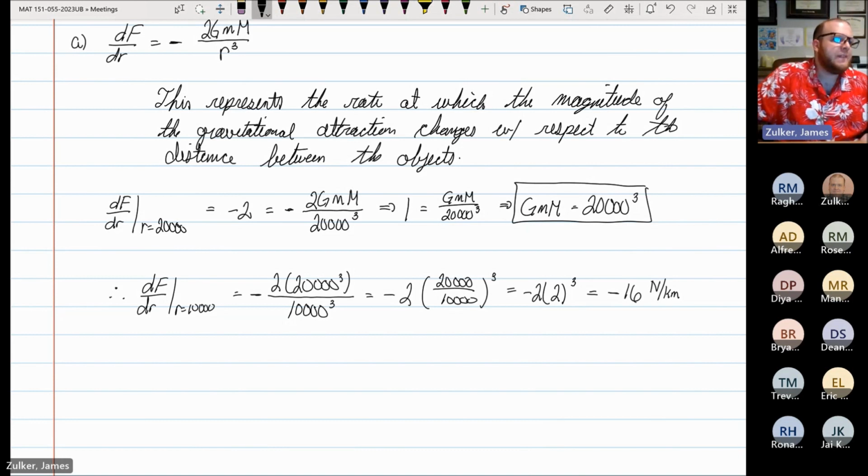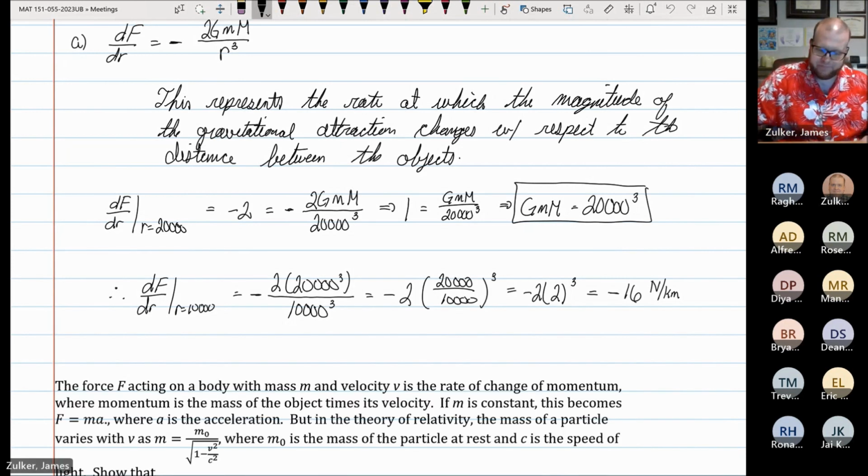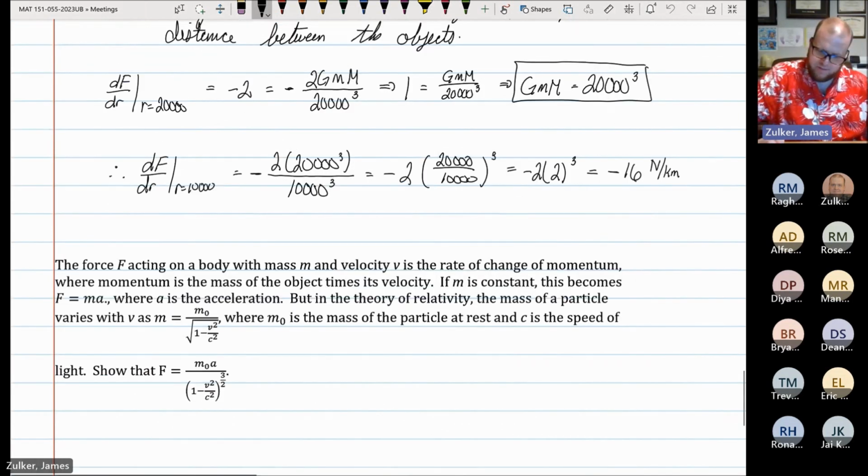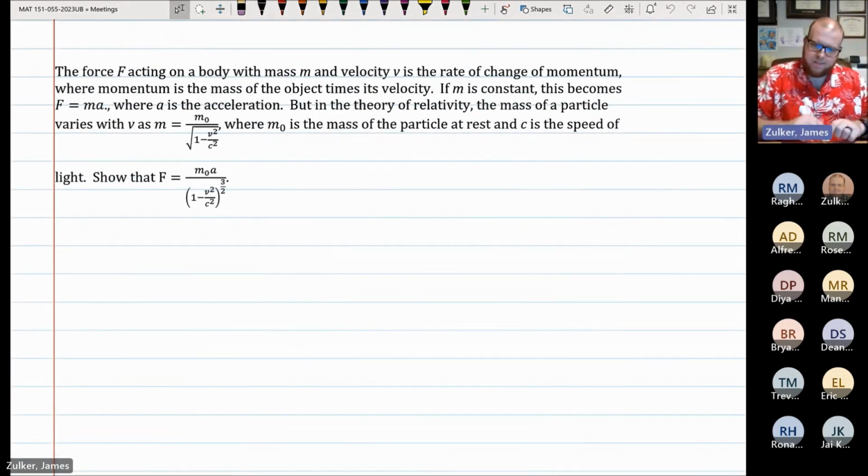This one's cool. Force acting on a body with mass m and velocity v is the rate of change of momentum, where momentum is the mass of the object times its velocity.